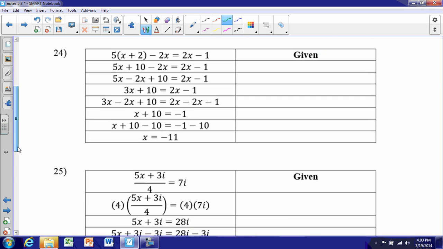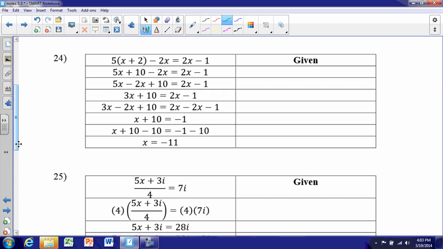All right, next box. Starting with the given, it appears that the parentheses have disappeared, and that would only take place if I distributed. Now, you have to be careful here, because if you look, there's nothing new from step 2 to step 3. There's nothing added in.